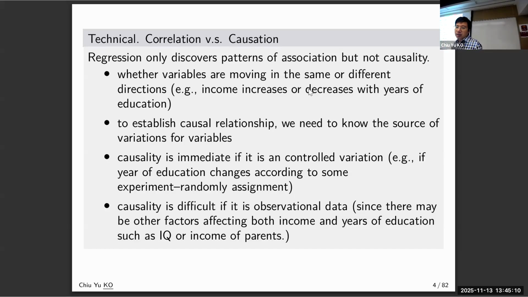Once you control who gets what, and see the result, the correlation will have causality in it. But regression alone doesn't establish causality.